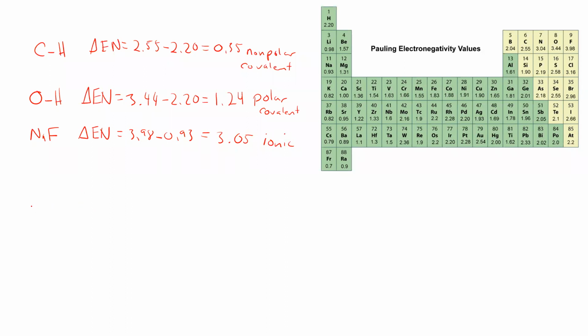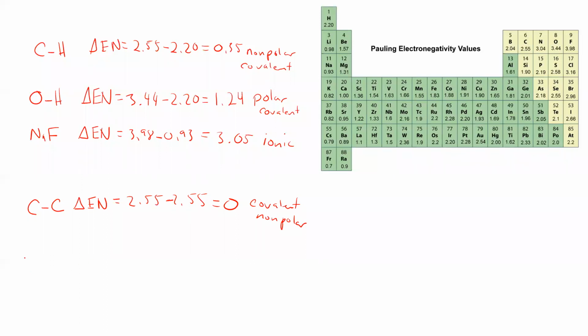So to give you an idea of the range, when would you have a zero? A carbon-carbon bond would have an electronegativity difference of 2.55 minus 2.55, right? And so that would be zero, and that's very much covalent, nonpolar.